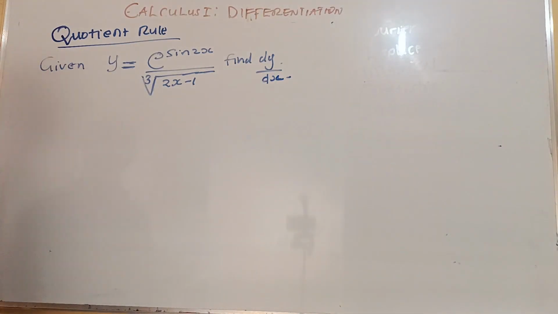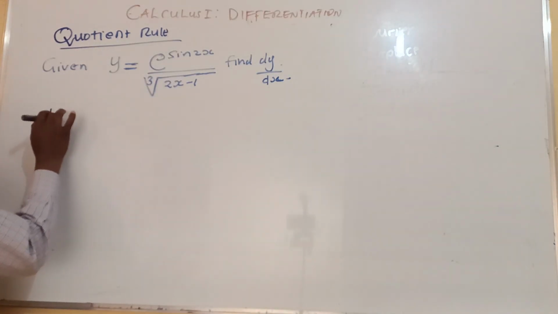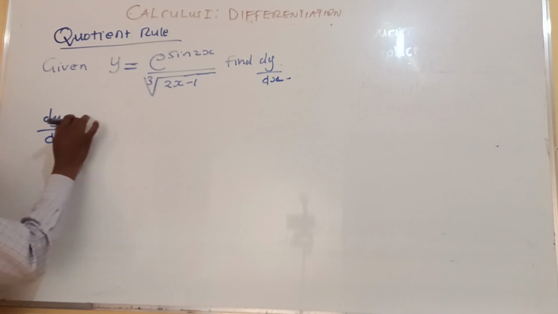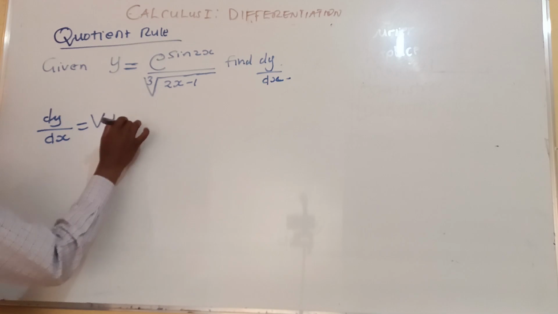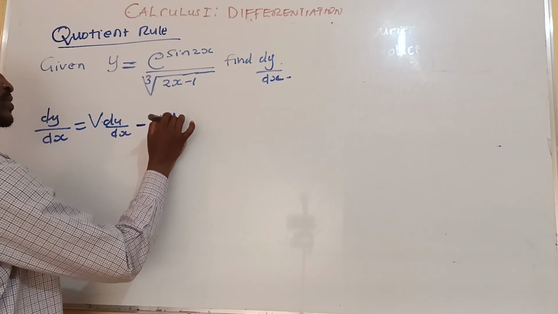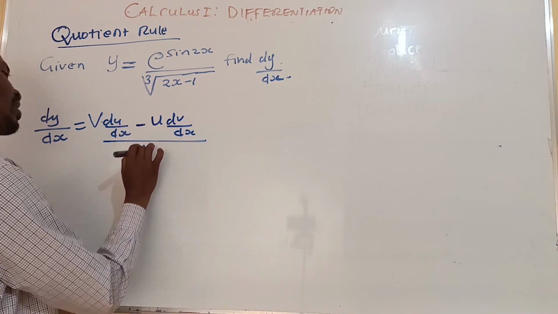Now, you know the derivative of y with respect to x will be equal to v du/dx minus u dv/dx all over v squared.